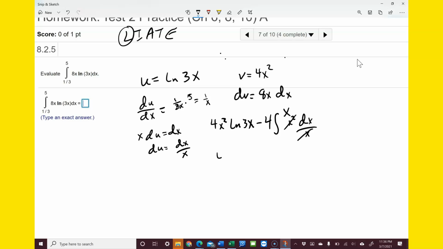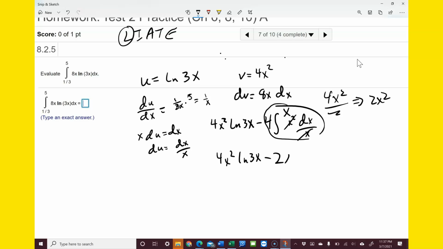So then this is 4x squared ln 3x minus 4x squared. This whole thing becomes 4x squared over 2, which then becomes 2x squared. So minus 2x squared. And we evaluate that from 1/3 to 5.